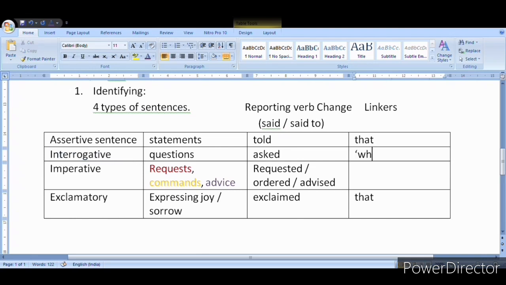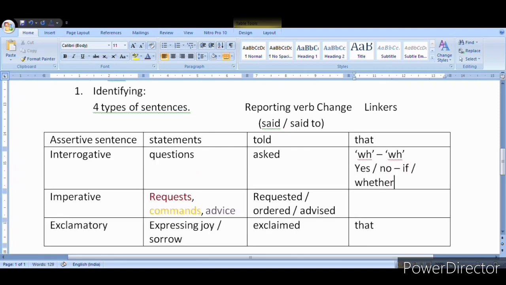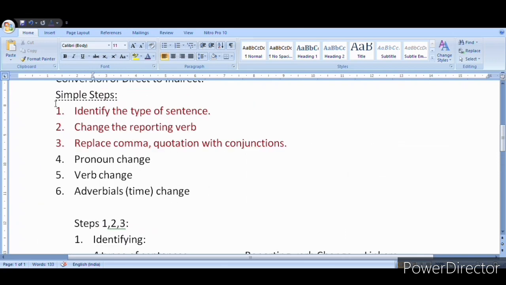For WH questions, the same WH word is the linker, and for yes or no questions you have to use if or whether. For imperative sentences, we have to use to for the positive imperatives and not to for the negative imperative sentences. We completed the first three steps very well.